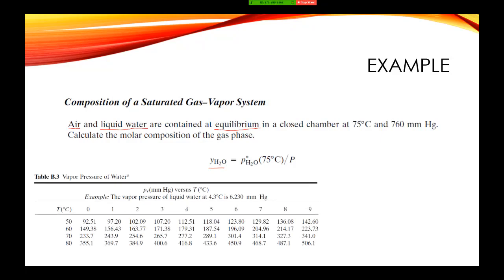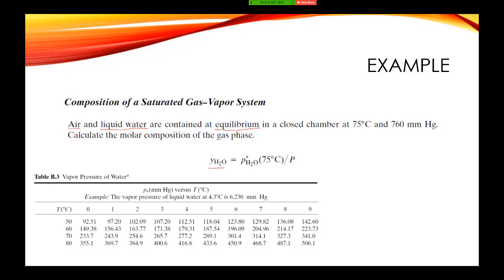Here we have two known variables: the molar fraction of water and the vapor pressure of water. Water is one of the most studied components in the world, so you have tables for any property that you want about water, such as the vapor pressure of pure water.